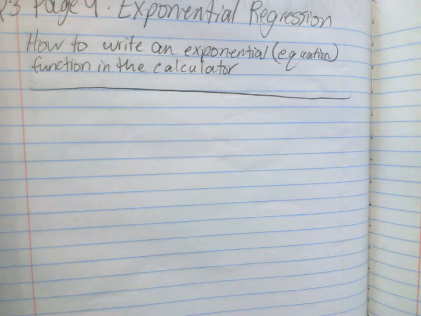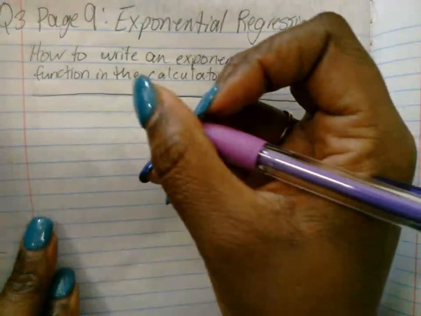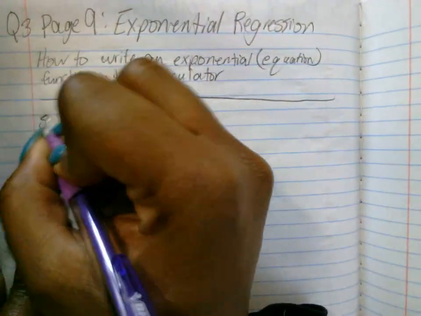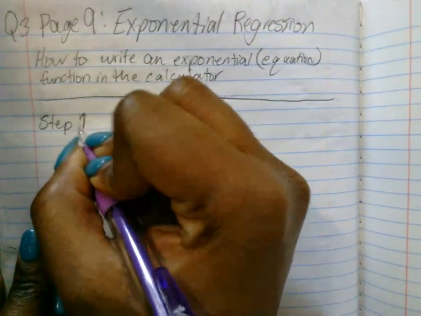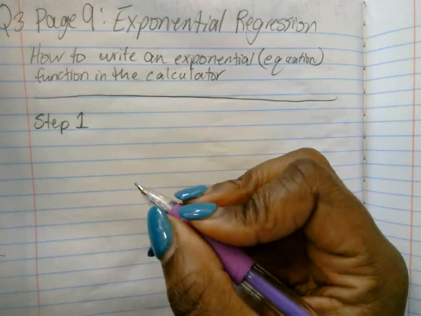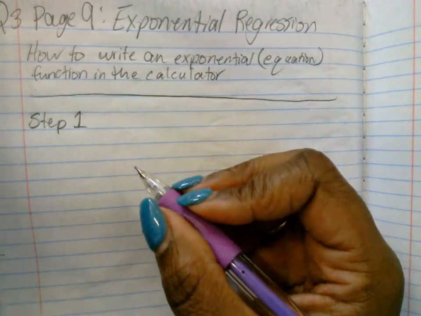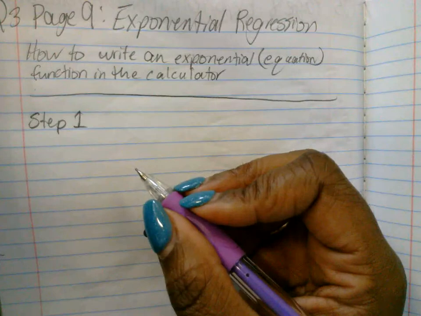All right, here we go. Step 1, we're going to type values in the calculator. What's wrong, baby? You okay? You sure? Okay.